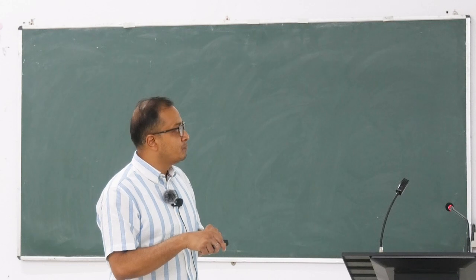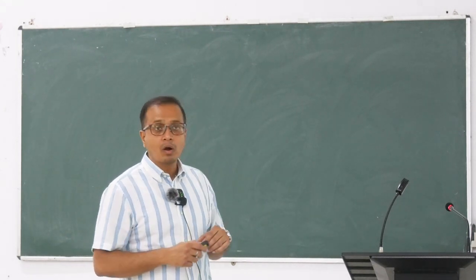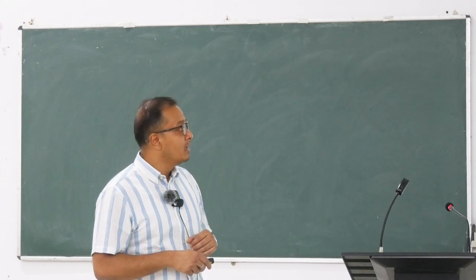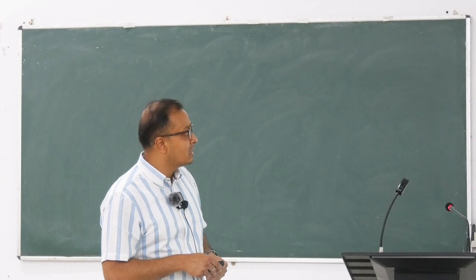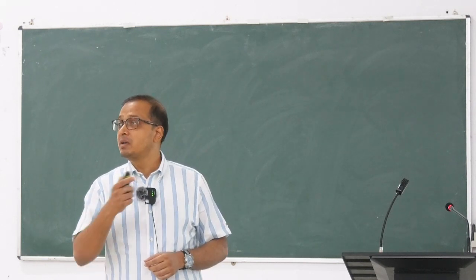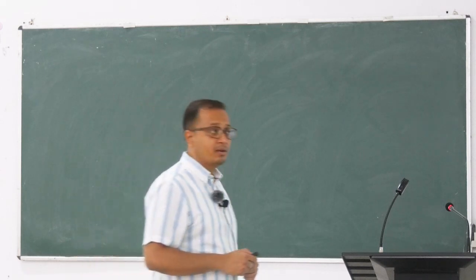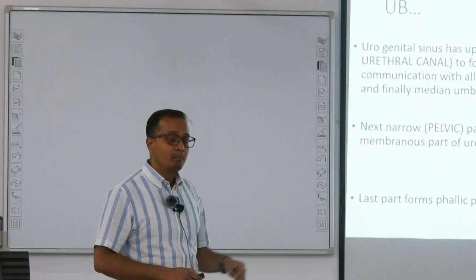That was in the midgut region. In the case of the lower gut, the hindgut, the urogenital sinus has a natural communication known as the allantois, which communicates with the anterior wall of the embryo, the anterior abdominal wall at the umbilical region.